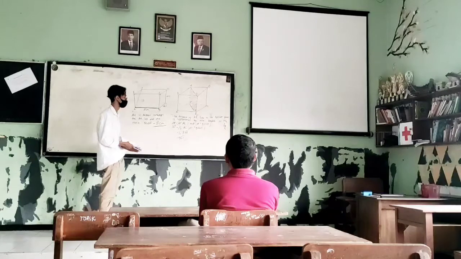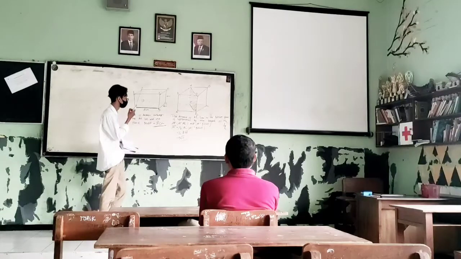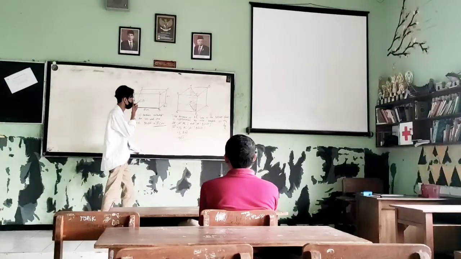We look at the picture, we know AB is the distance between the line AE and the plane BCGF. So the distance between the line AE and the plane BCGF is 8 centimeters.